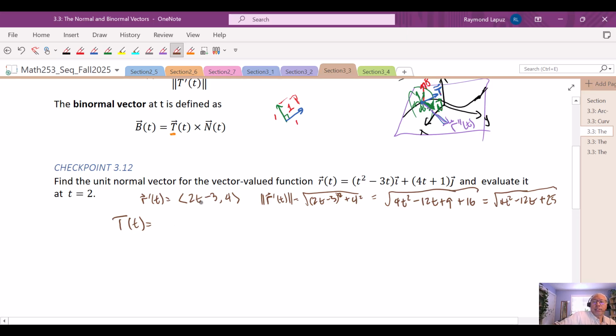I'm going to keep this outside instead of putting it all under one denominator, so I'm going to keep it outside as (4t squared minus 12t plus 25) to the negative 1/2 power, because that goes in the denominator, and then multiplying it by <2t minus 3, 4>. Okay, so that is our unit tangent vector.